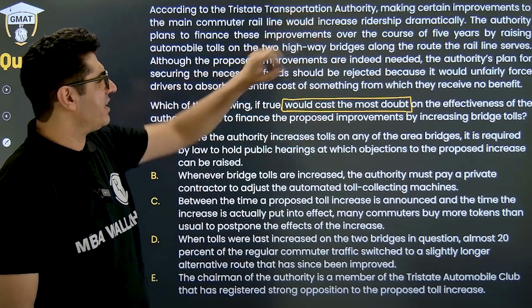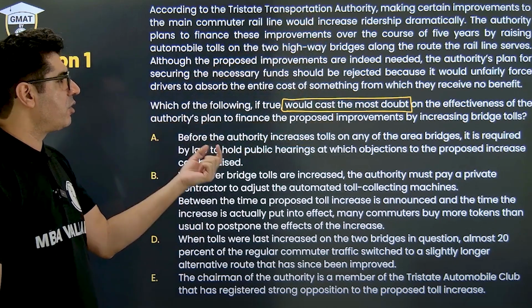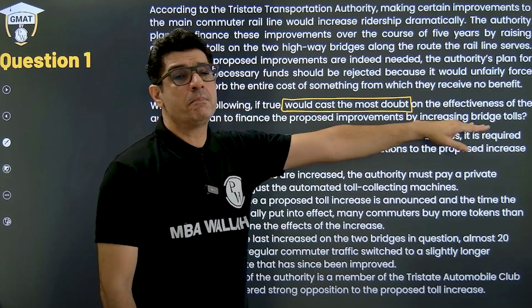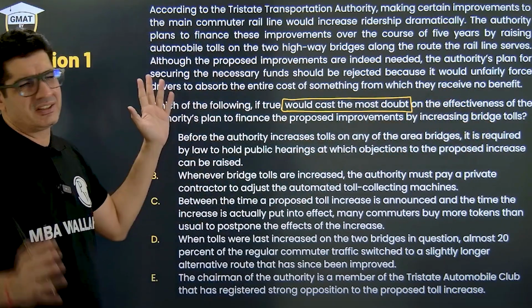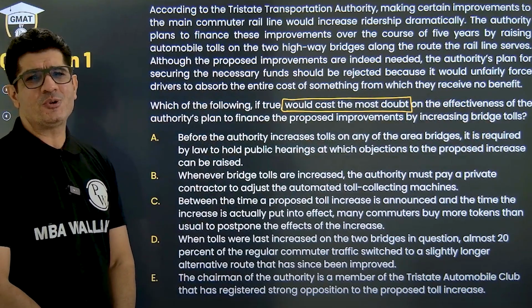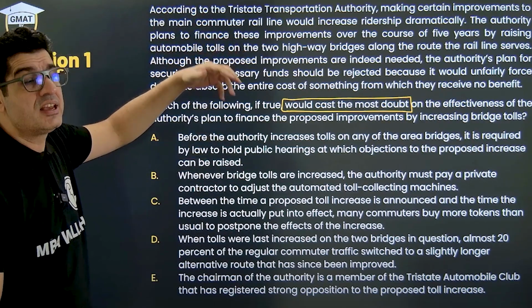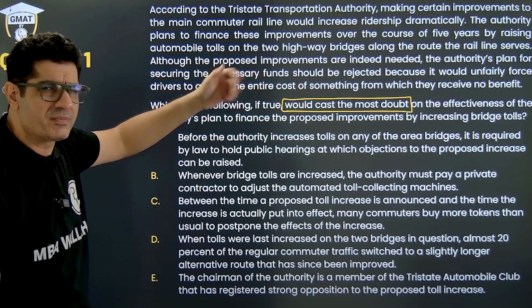We'll find a plan here, shared by an authority. That plan involves financing some kind of improvements by increasing bridge tolls, and we need to prove that, hey, that plan is not going to work. So let's see what that plan exactly is, and in the process look at the premises or the assumptions that support it.